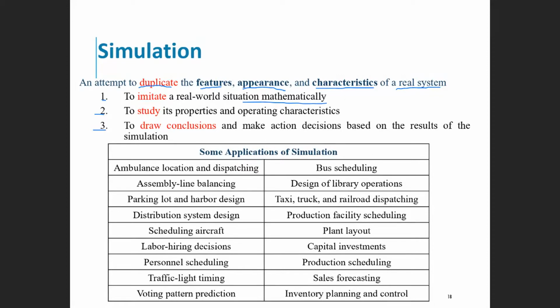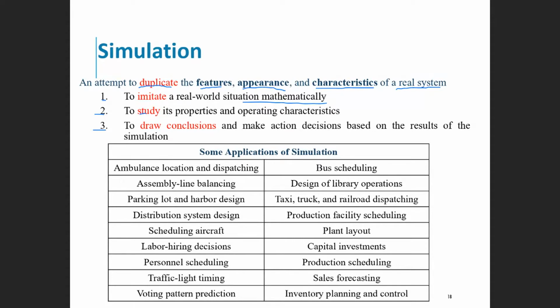The word mathematically is important, because you are going to imitate, تحاكي, the real system, اللي هو the current system, السيستم الحقيقي, but mathematically, so تحاكيه بنظم رياضية أو موديلز رياضية تحسب لك القياسات اللي تحتاجها, the needed measurements to study what?